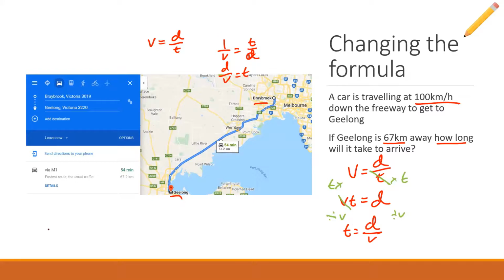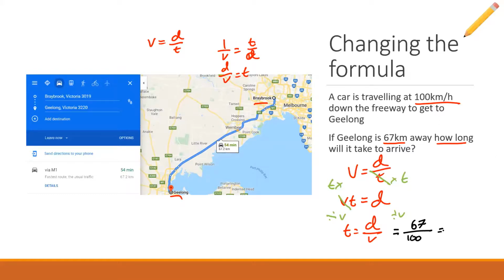So now that we've got that, let's use this. T equals D divided by V. We're traveling 67 kilometers. We're going at 100 kilometers every hour.